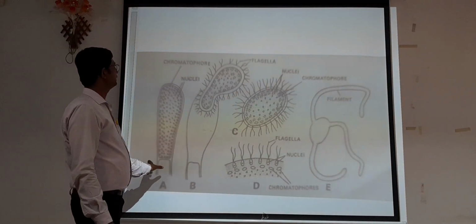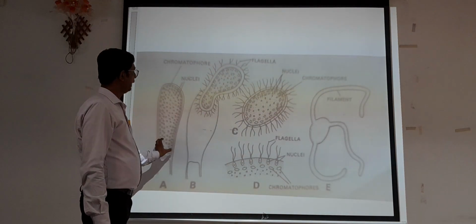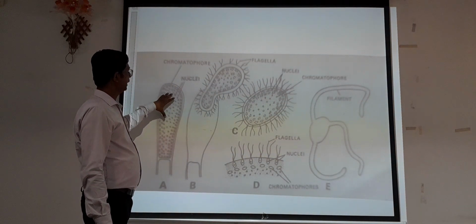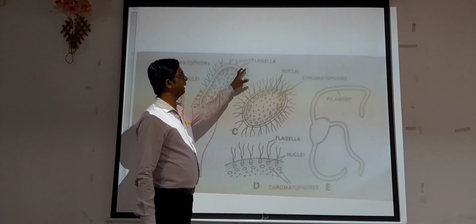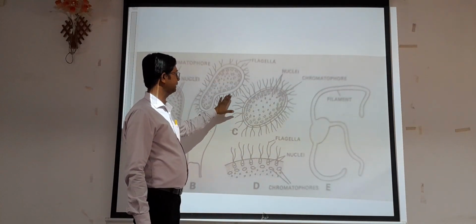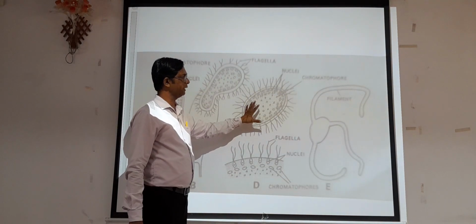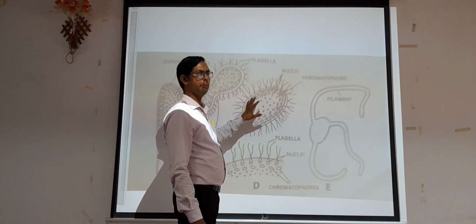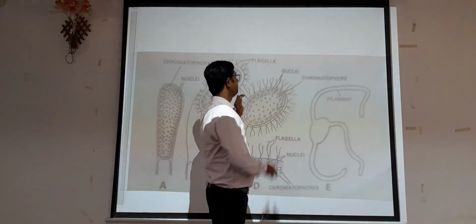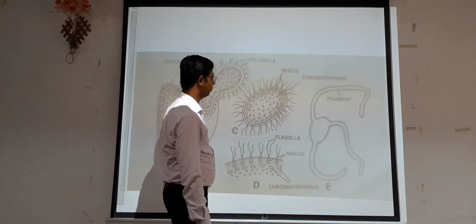Here you can see the zoosporangium, which will later develop into zoospores having a biflagellated structure. This zoospore gets liberated into the environment, and depending on the favorable condition, it will germinate and produce the filament of Vaucheria.